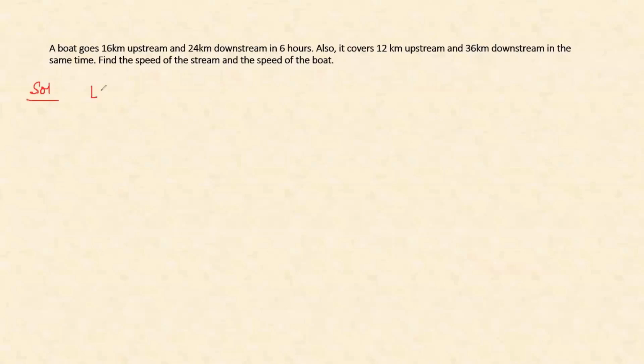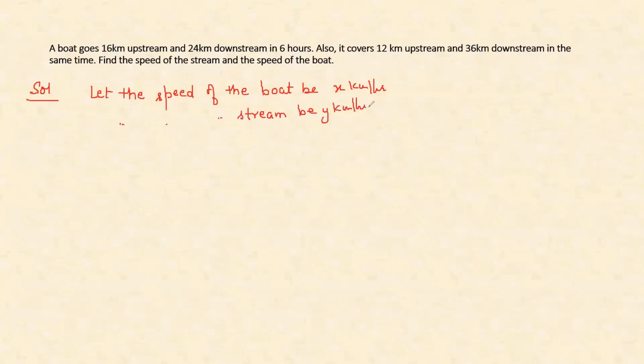So let us assume the speed of the boat be x km per hour and the speed of the stream be y km per hour. So as I discussed already, what is the speed of the boat upstream? We are talking about the boat.